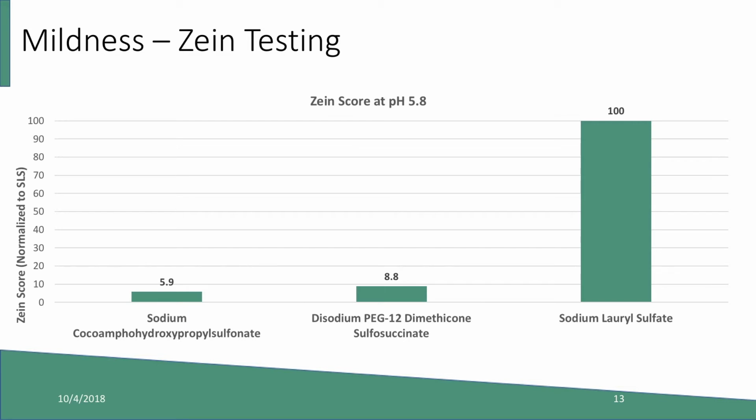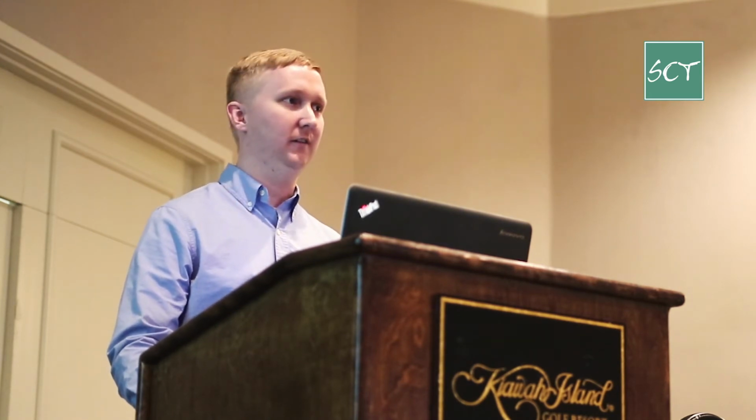And at a pH of 5.8, we actually ended up with a lower Zein score for this amphoteric sulfonate, which was just very interesting and leads you to think that this product could be used in these monosurfactant formulations like the wipes and leave-on.